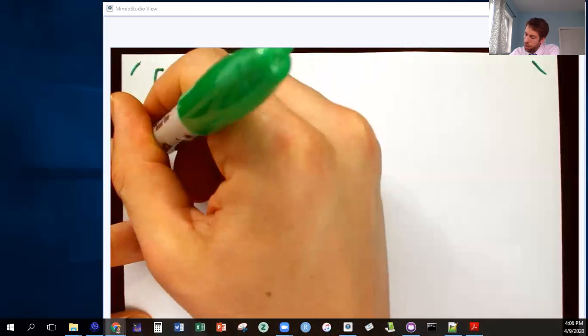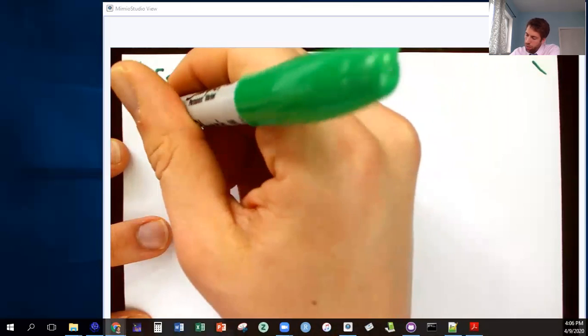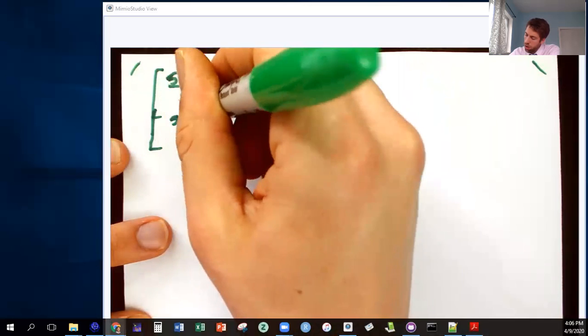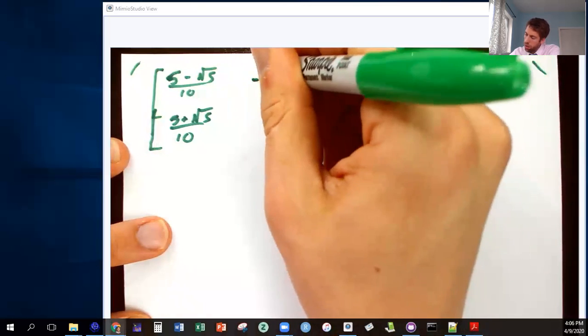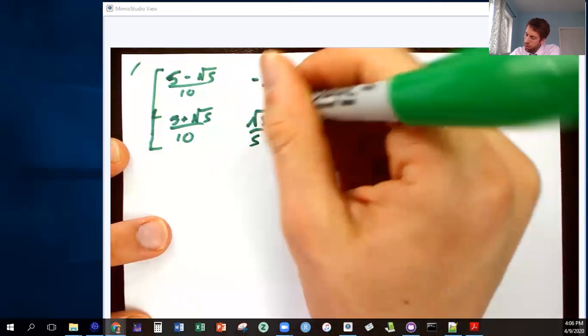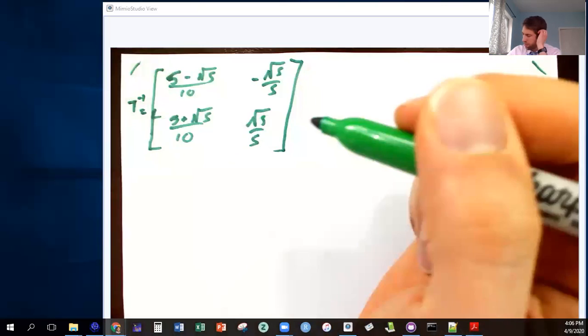And then I've got 5 plus square root of 5 over 10. And then negative square root of 5 over 5 and positive square root of 5 over 5. That's T inverse.